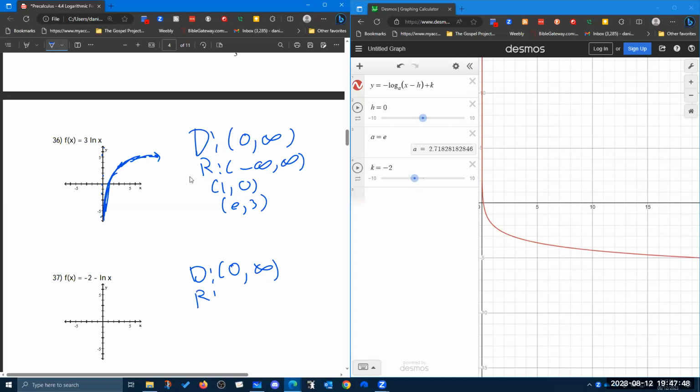My range is going to be negative infinity to infinity. My characteristic points are going to be at 1, -2, and e, -3.